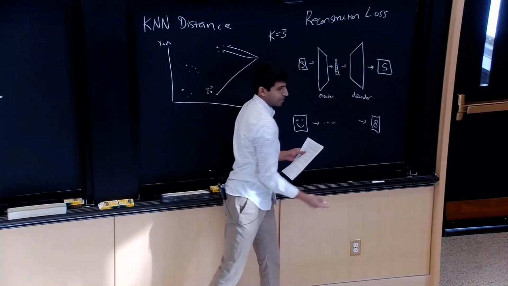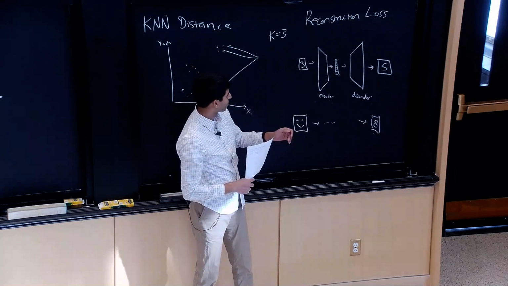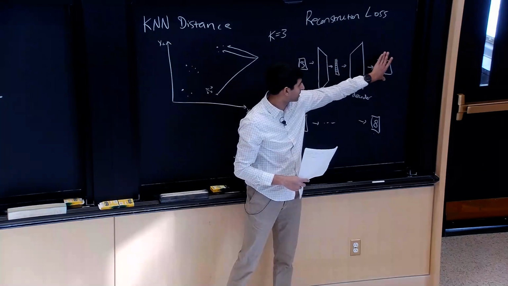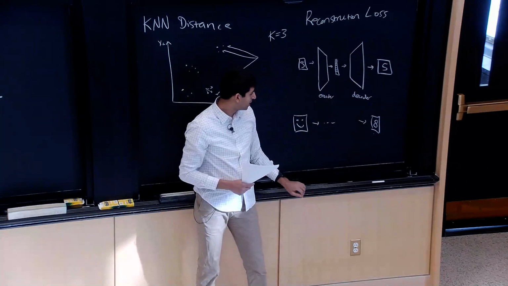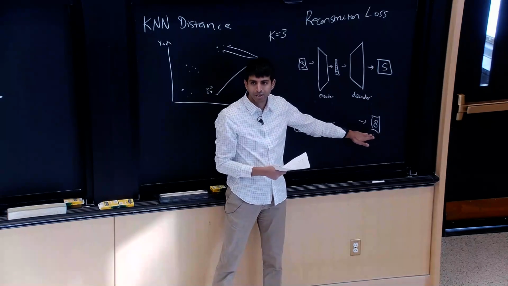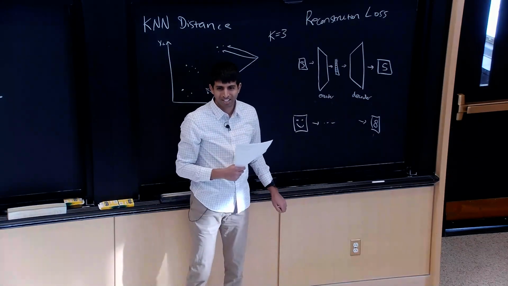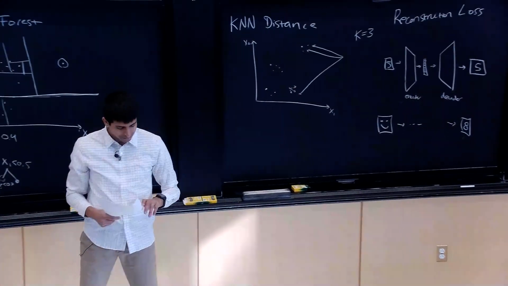Here, working with images, you can even use L2 distance, just distance between the pixels. For in-distribution data, you'll expect this reconstruction loss to be small, whereas for out-of-distribution data, the output will change a lot compared to the input, and the reconstruction loss will be larger. This is a neat method leveraging autoencoders.